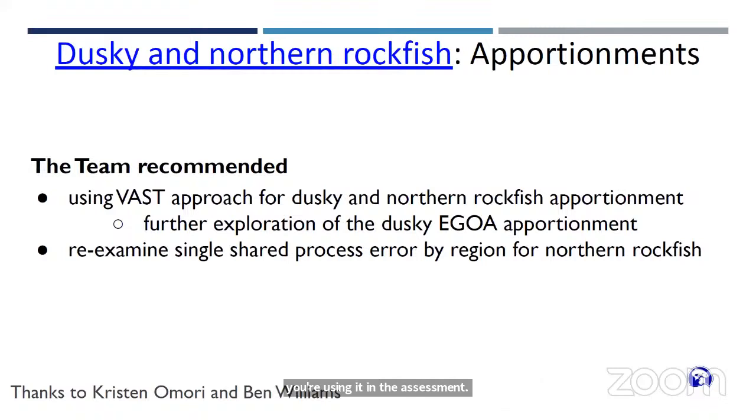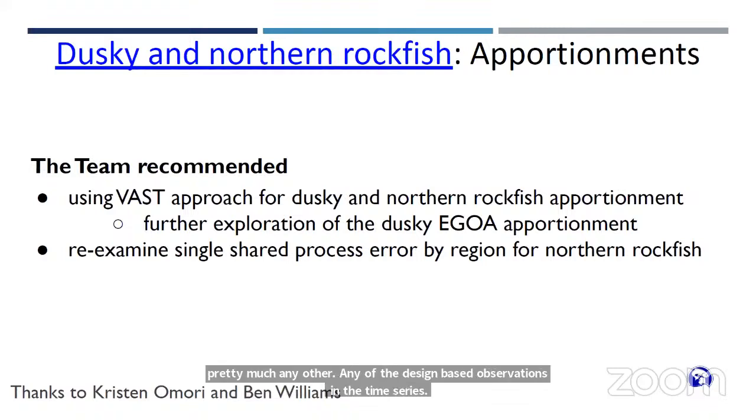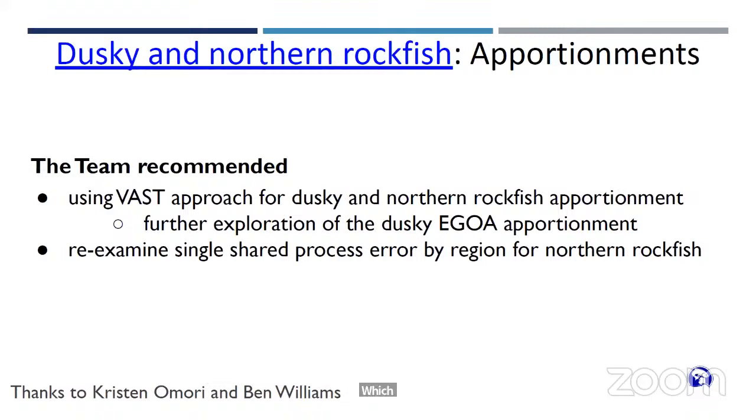I did notice, and I think this came up in the plan team, that the amount in the Gulf was actually smaller than pretty much any of the design-based observations in the time series, which again can be understandable since they're different processes. But I was wondering, was there any look into why VAST may have been that much lower, just as a gut check that your analysis is giving you something that would be expected?